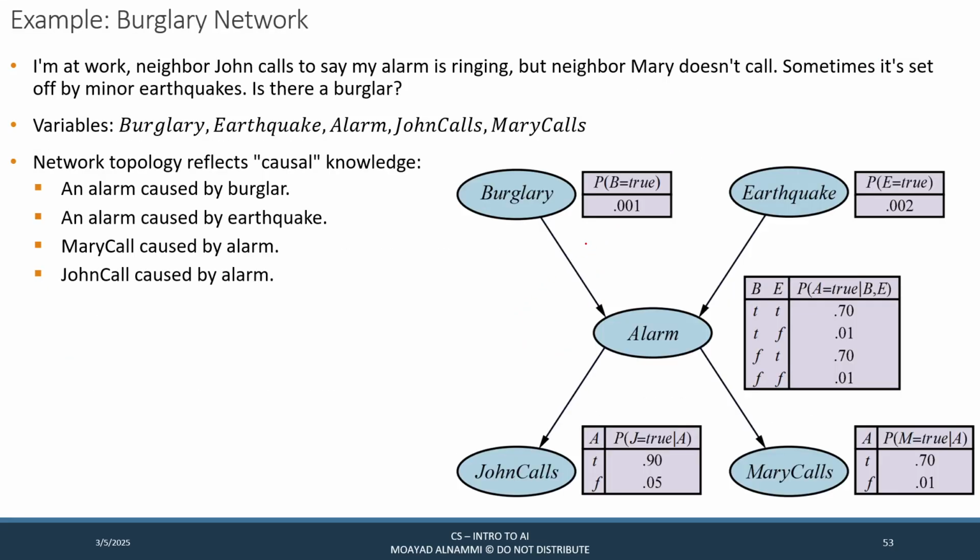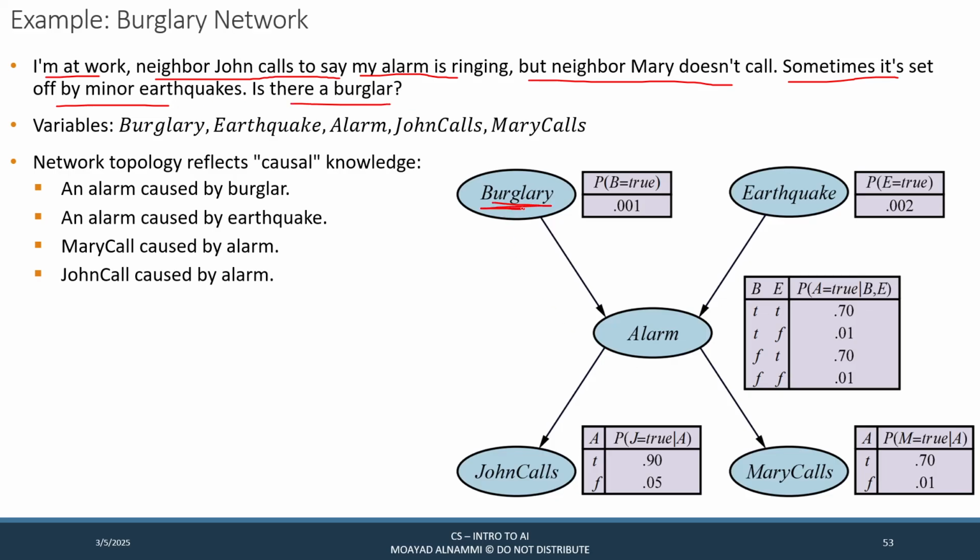Here's another famous toy Bayesian network called the burglary network. You have 5 variables. It is representing the problem where if you're at work and your neighbor John calls you to say that your alarm is ringing, but your neighbor Mary doesn't call. Sometimes the alarm is set off by an earthquake. Is there a burglar? Right?